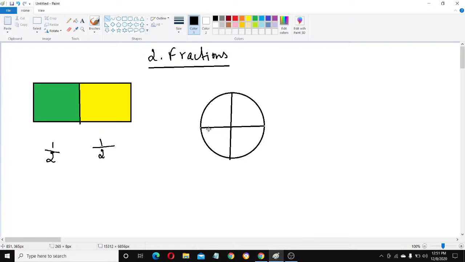Now here how many parts are there? Equal parts 1, 2, 3, 4 parts are there. Now how do we write in fraction form? Here how many equal parts? Here 1, 2, 3, 4. 4 equal parts. This circle is divided into 4 equal parts.